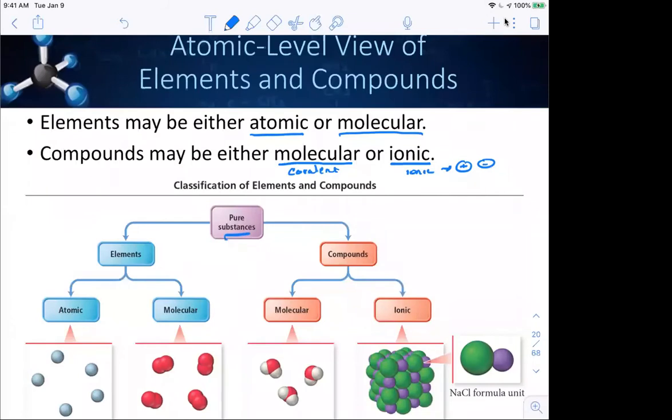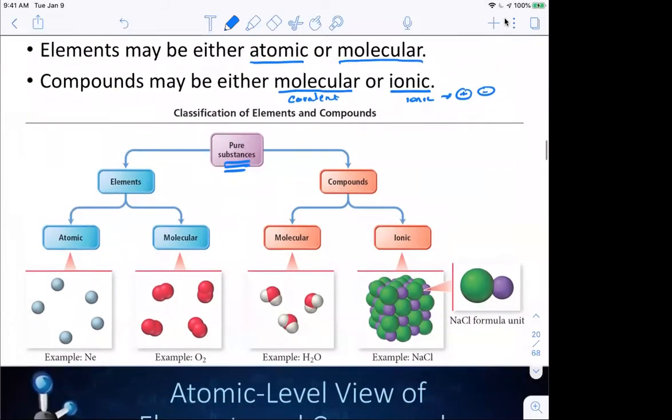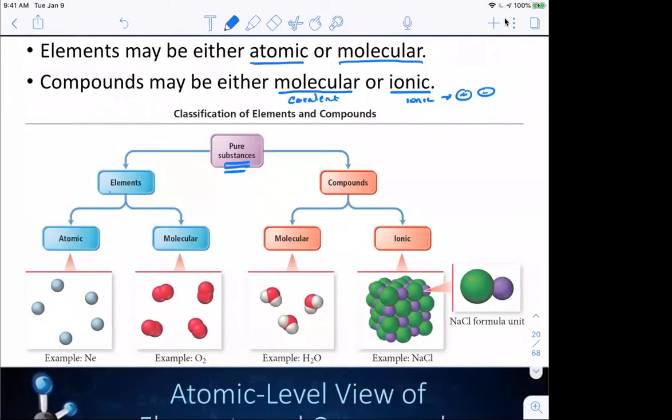So my pure substances, remember, we talked about this earlier, can be broken down into elements and compounds. If they're covalent and it's non-metal to non-metal, I form molecular substances. This is ionic, and basically if it's a metal to non-metal, I can form ionic substances.